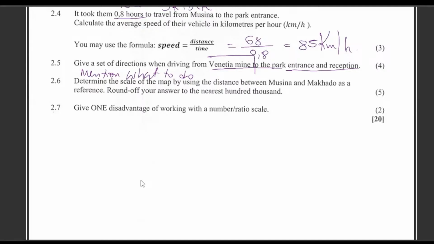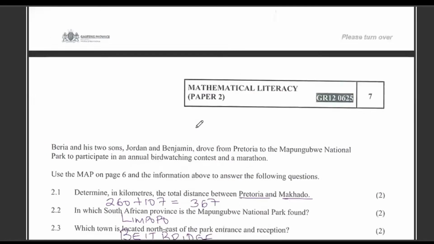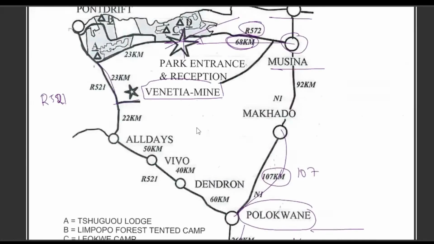They're telling us, give one disadvantage of using a number ratio, but before that, let's look at 2.6. They're asking us, determine the scale of the map using the distance between Musina and Mahado as the reference. So remember, when you look at these annexures, we are going to use the distance between Musina and Mahado. It's this one here. This is already in kilometers, so that means it's in real life.